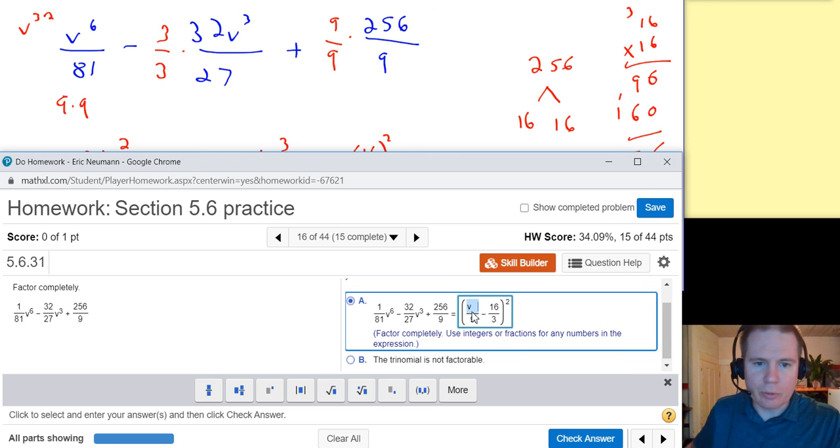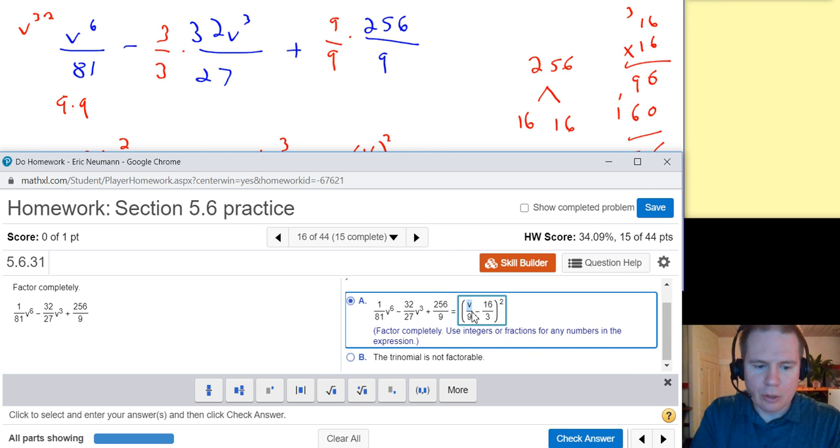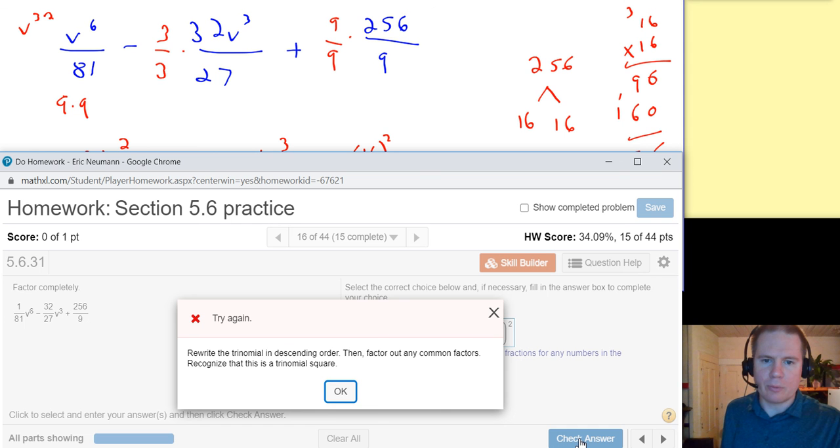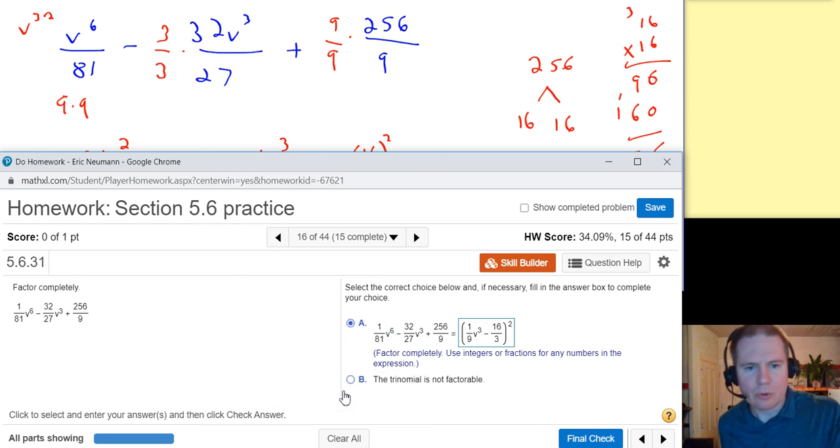Well, I don't know, but let me suspect. They want me to write it as 1/9 as a coefficient times v to the third. Notice how this wasn't v to the 6th over 81. It was the coefficient 1/81 times my variable. So they want me to write it as a coefficient times that variable. Oh no, there's some other error. All right, let's double check this. I thought this worked out here.